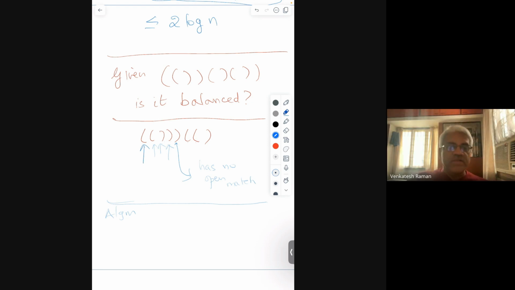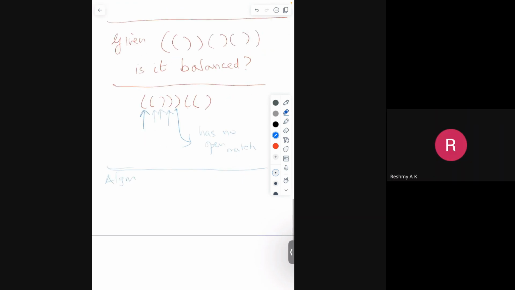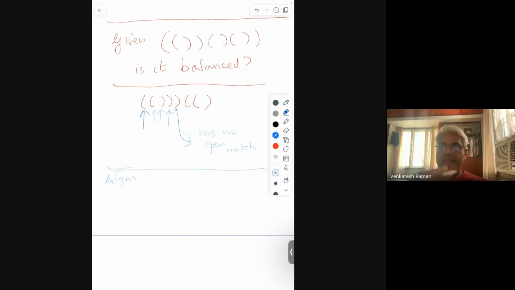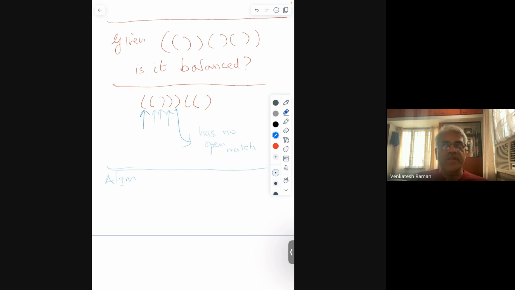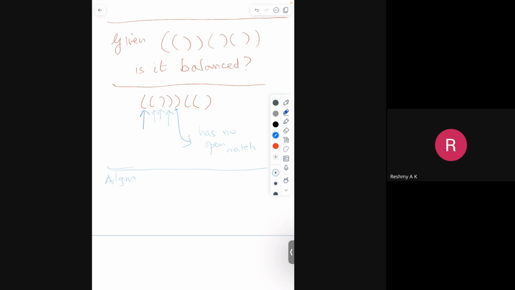When is it not balanced in this algorithm? At the end, when the stack is empty, it's balanced. Okay. When is it not balanced? When we are left with the parenthesis in the stack. Is that the only time it's not balanced?